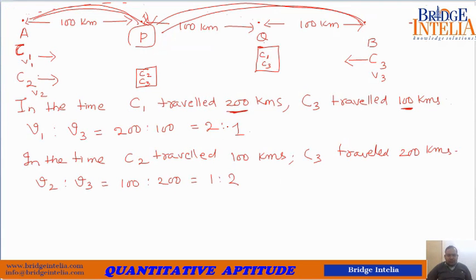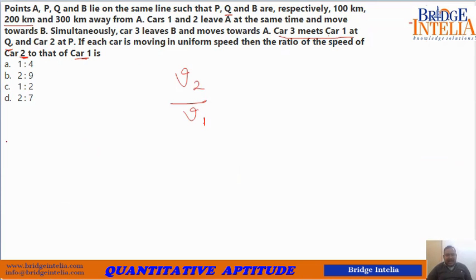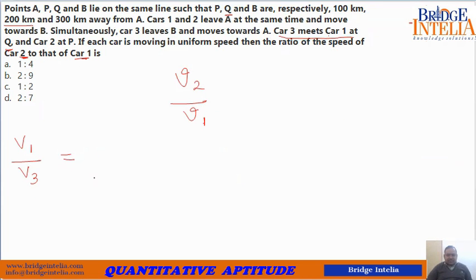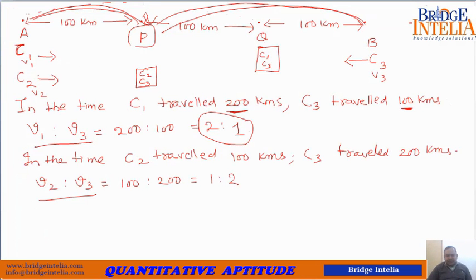We know V1 by V3 is equal to 2:1, so this is equal to 2/1. Also we know that V2 by V3 is equal to 1/2. See, we have solved here, 1/2.